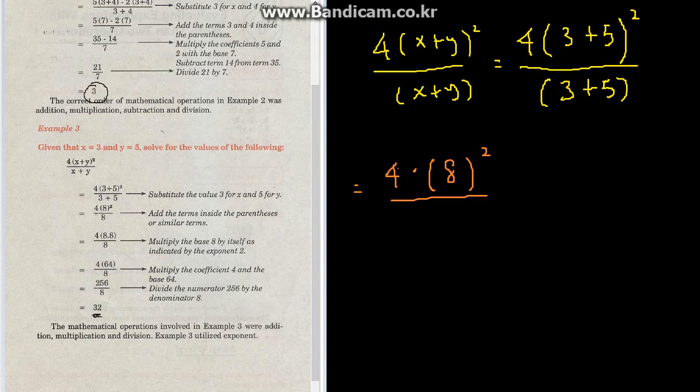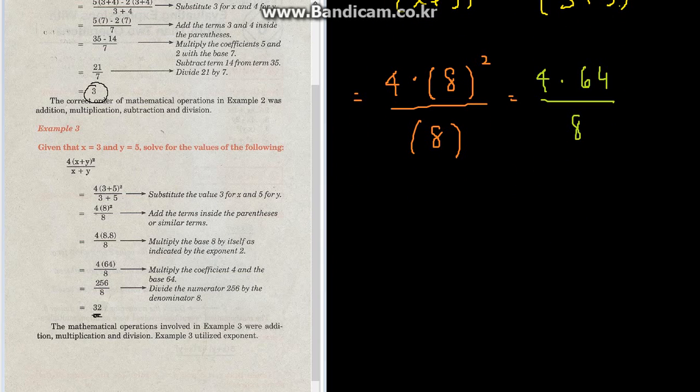So 4 times 8 to the second power divided by 8. Then we multiply, right? We have 4 times 64, which is 8 squared, divided by 8.